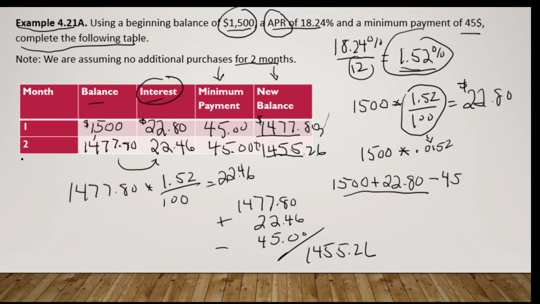And of course this would go on, right? And I think hopefully you can see that if you're going to run this through, it's best suited to use Excel. Otherwise it's just really time consuming.